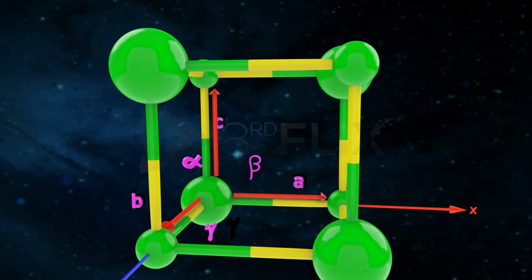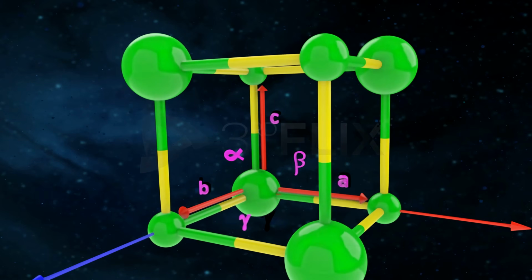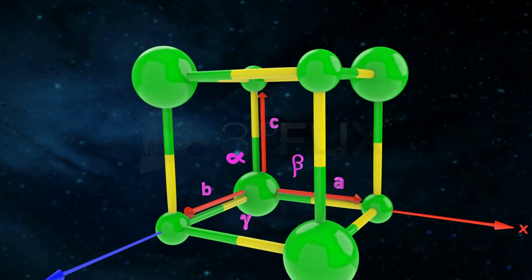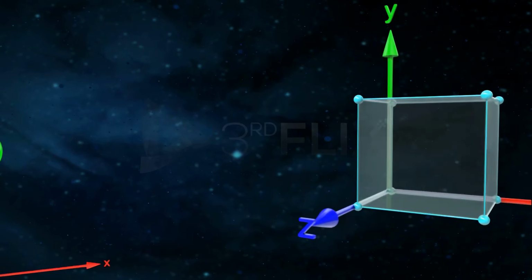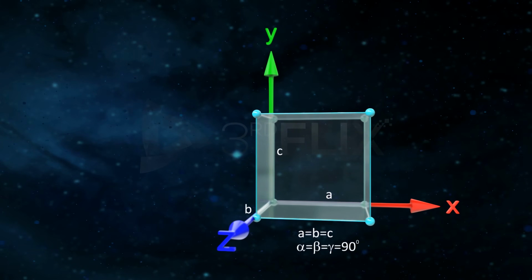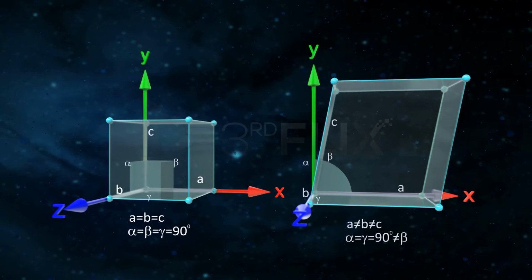Beta is the angle between edges c and a, while gamma is the angle between edges a and b. Edges a, b, and c may or may not be perpendicular to each other.